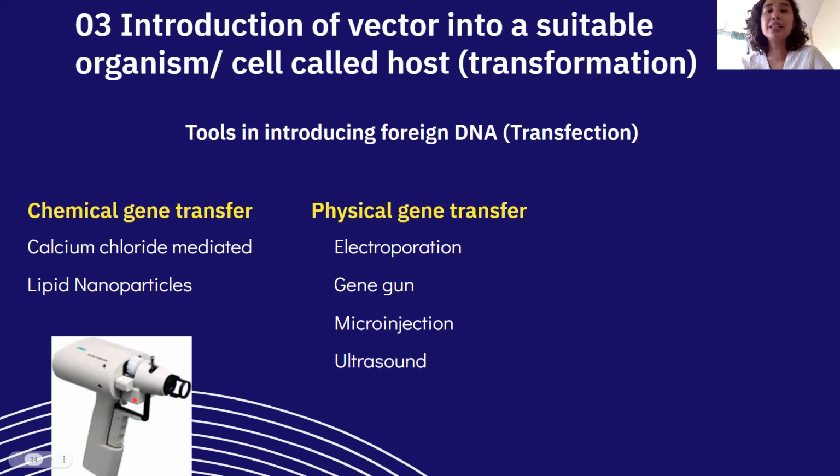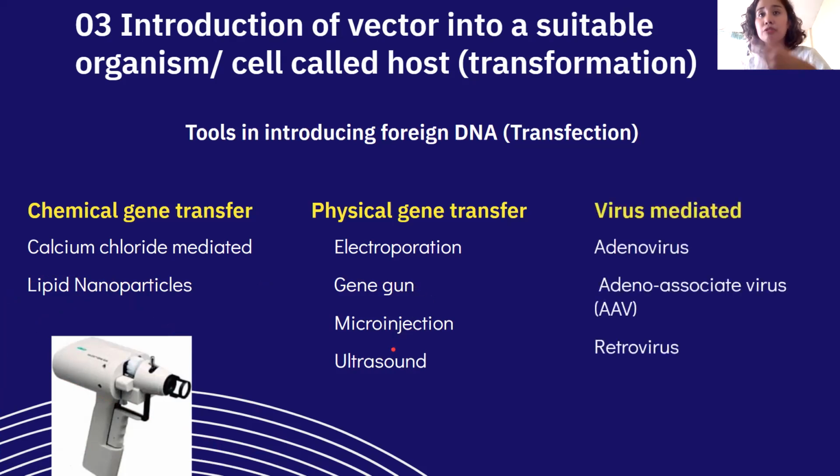So guys, ang caveat dito, so, yun, maraming ways para introduce yung foreign DNA sa cell, pero talagang hindi lahat ng cell or bacterial cell could allow the entry of the DNA. Okay? So, meron rin tayong microinjection and ultrasound to increase the chances of the DNA entering the cell, and we have virus-mediated.